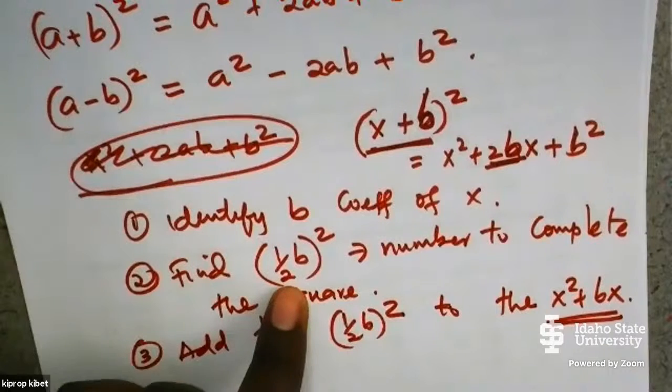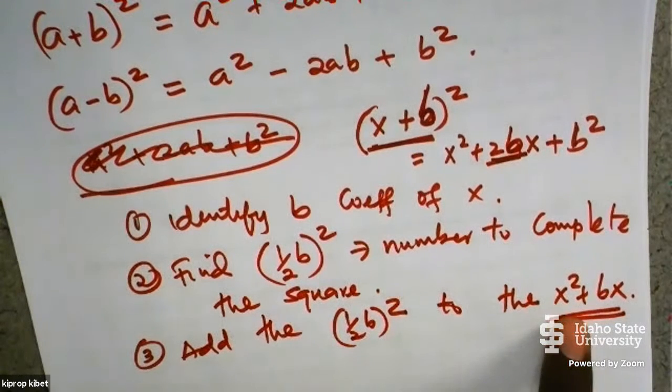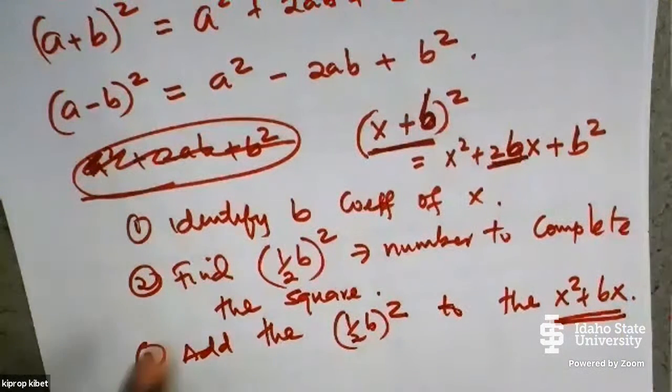Number 2, take half that coefficient and then square it. Number 3, you add this to x squared plus bx.